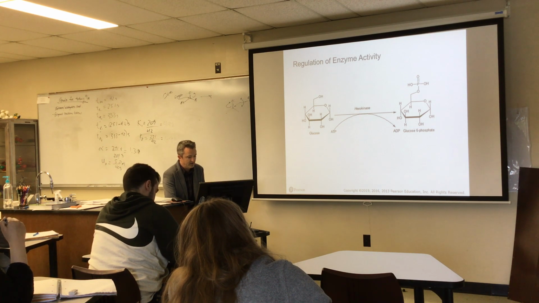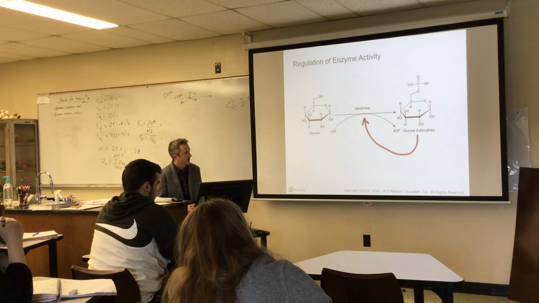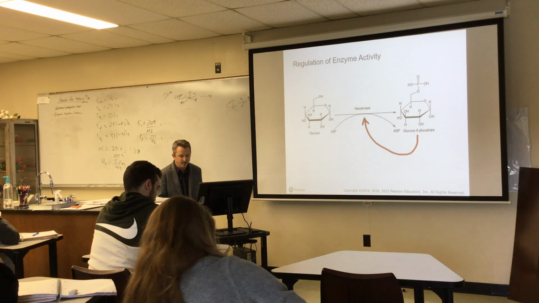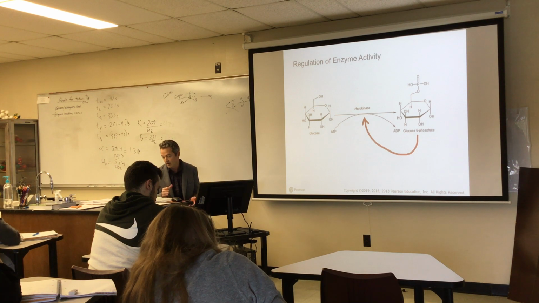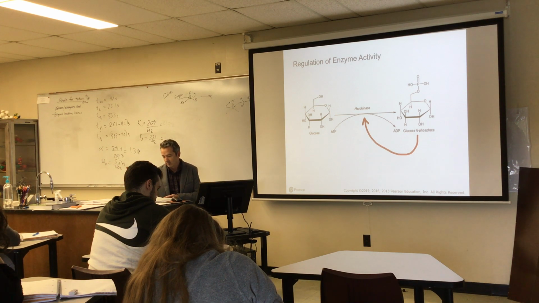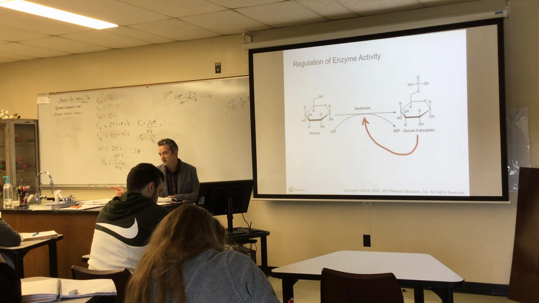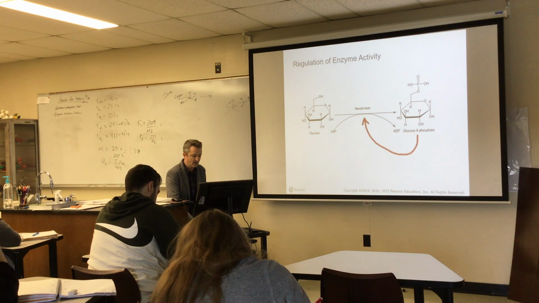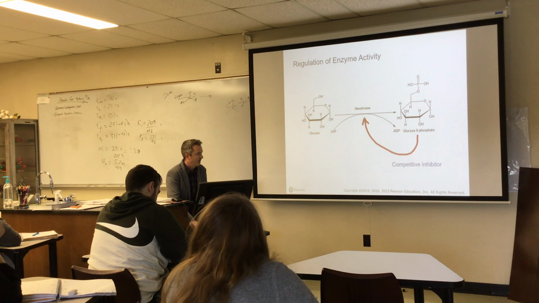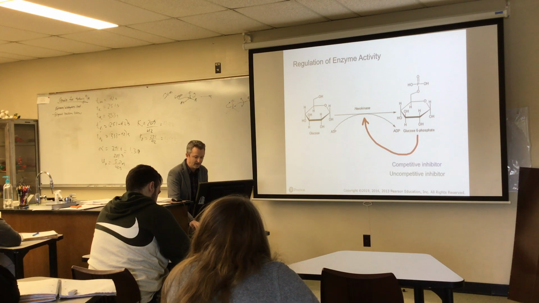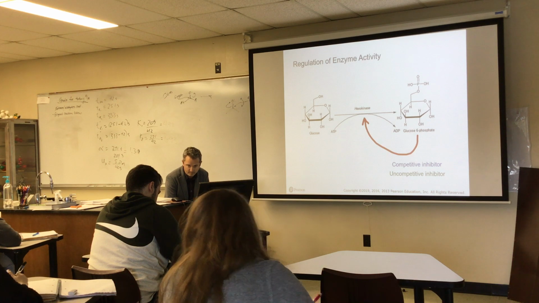But G6P is one of those inhibitors of hexokinase. And what's really fascinating about this, and I had mentioned it when you brought up uncompetitive inhibition, is that we knew this was involved in feedback control, but what I didn't know is that G6P is both a competitive inhibitor and an uncompetitive inhibitor.